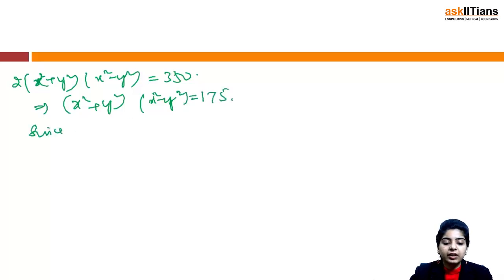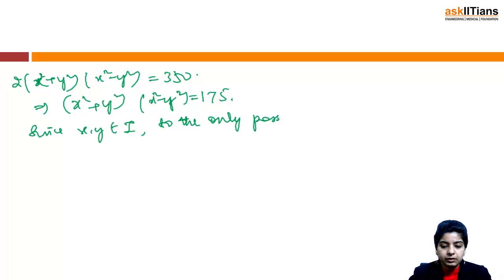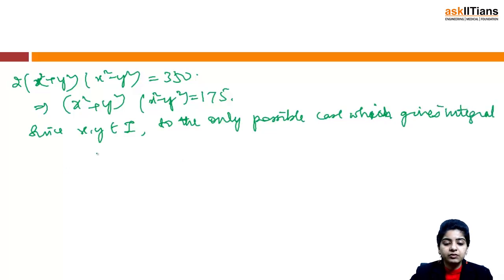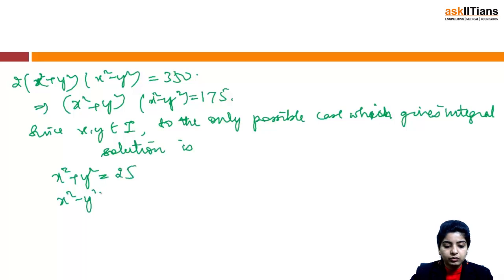Further, it's given that x and y are integers, so x and y belong to I. The only possible case which gives an integral solution is when x² + y² is 25 and x² - y² is 7.